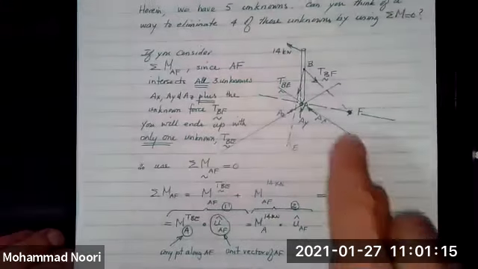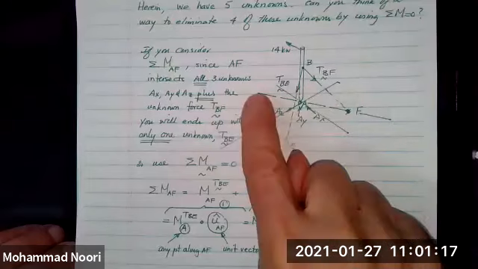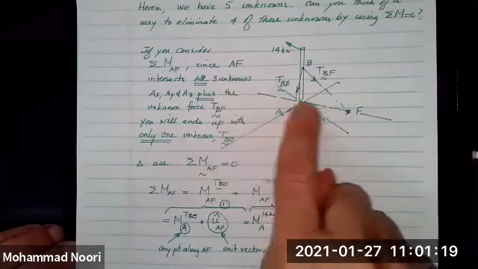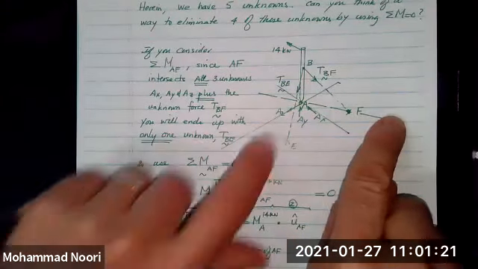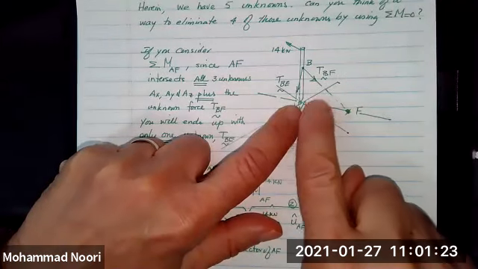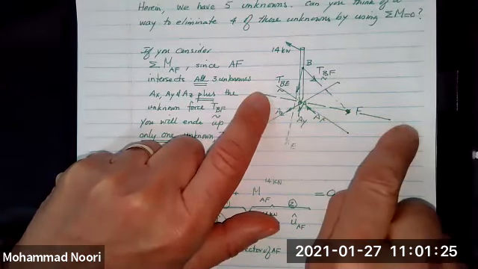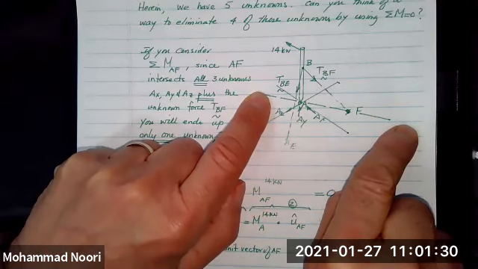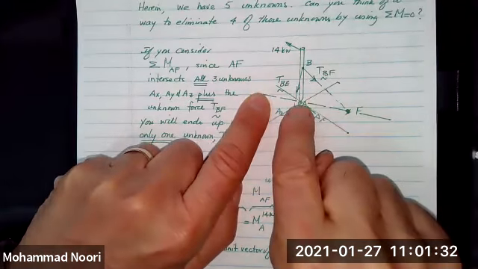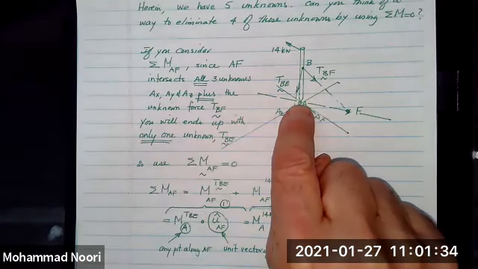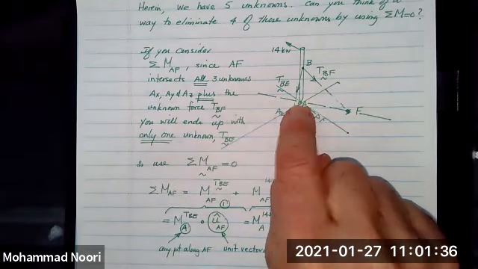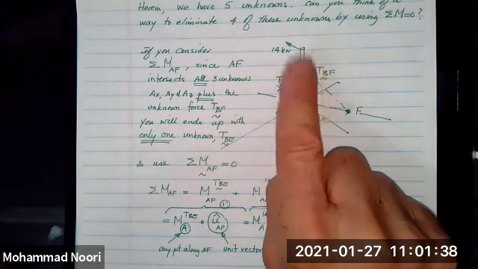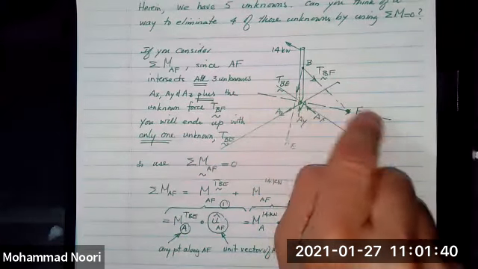And I have first demonstrated solving the problem using summation of moments about this axis AF, which you remember, to write the summation of moments about an axis, you need to first find the moment of all those forces about a point on that axis, and then find the dot product of those moments and the unit vector of that axis.